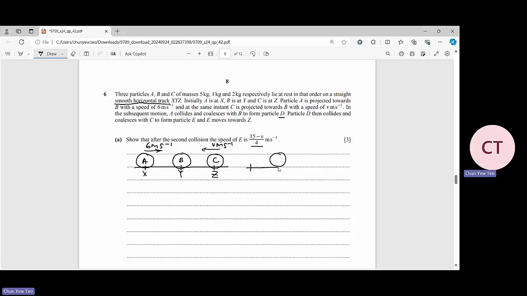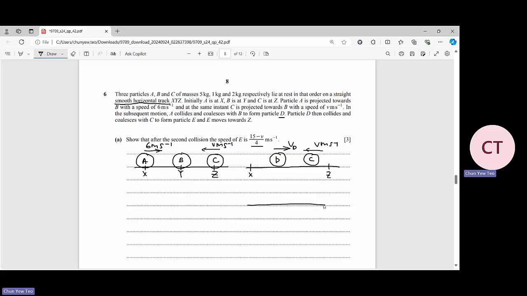X is somewhere here, C is here, and C is still moving. After they combine, they become D, and this one still remains at V meters per second. After that, they collide again.